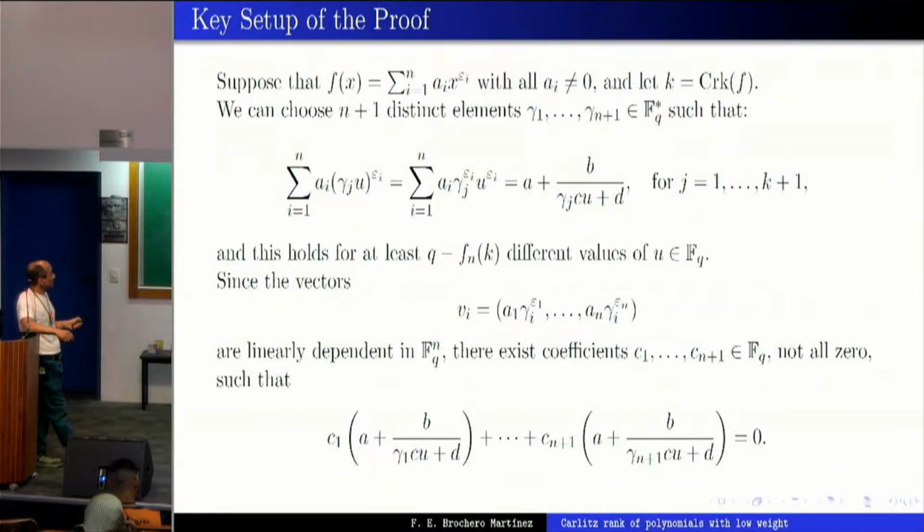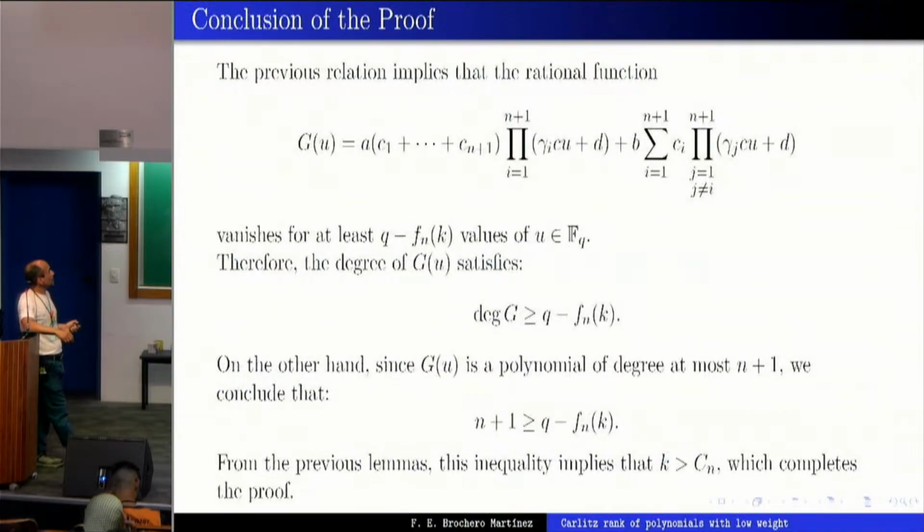Using this equality here, we obtain this relation. And the relation is equivalent to having this polynomial here, and we multiply by the denominator to obtain this polynomial. We prove that this polynomial is not identically equal to 0, and thus it has almost q minus f_n(k) values of u where g(u) is equal to 0.